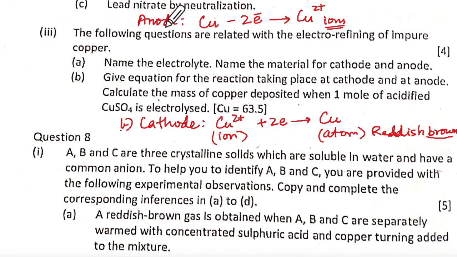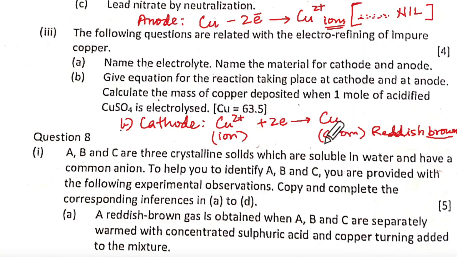But at anode, nothing is discharged, because ions don't become atoms here. Ion is here, atom is here, so this is called being discharged. But this is not ion, this is not atom. So ion discharge at anode will be nil. Mention that ion discharge nil.